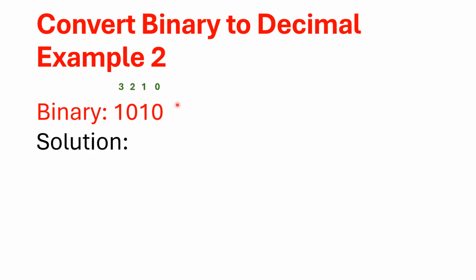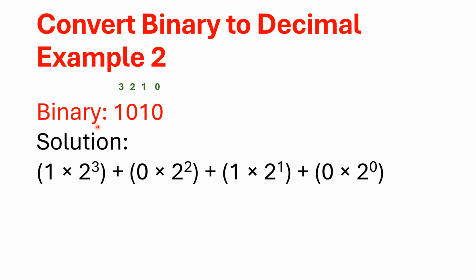Now we multiply this 1 by its weight 2 power 3, this 0 by its weight 2 power 2, this 1 by its weight 2 power 1, and this 0 by its weight 2 power 0.